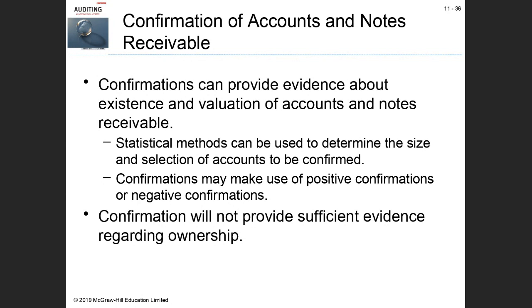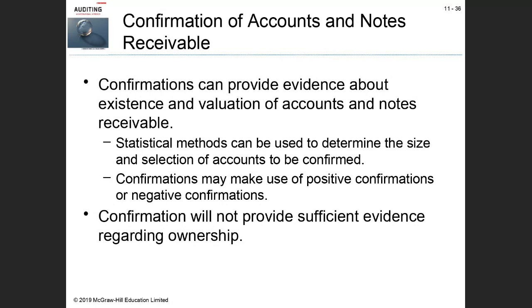In addition, if the customer has not yet paid, you can go to the client's records and look at the shipping documents and the invoices to build up the account balance, to ensure that the amount is receivable because the goods were actually shipped to the customer. Now, before you do all that extra work, normally, because it's easier and more efficient, if a customer does not respond to the first confirmation letter, you'll send a second one out.